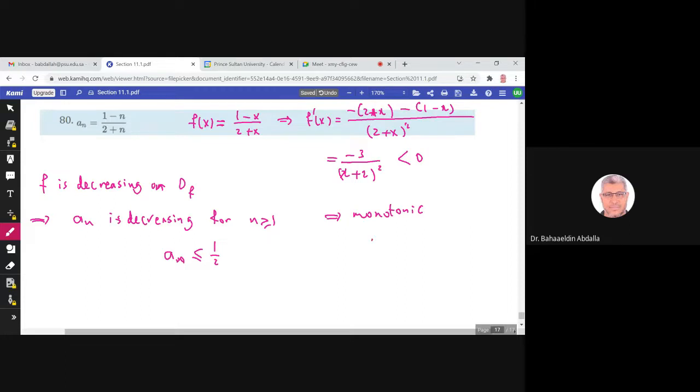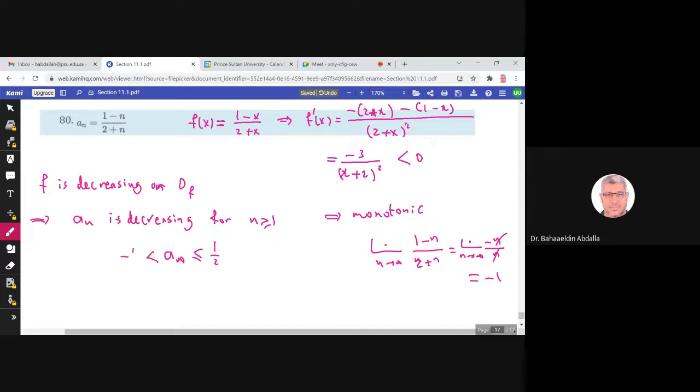Now if I ask you to find the limit of (1 minus n) over (2 plus n) when n approaches infinity, we agreed to do what? To take the term with the highest power over the term with the highest power. So the limit is negative 1. And this means that these numbers, when you list them, approach negative 1, but negative 1 is not one of them.